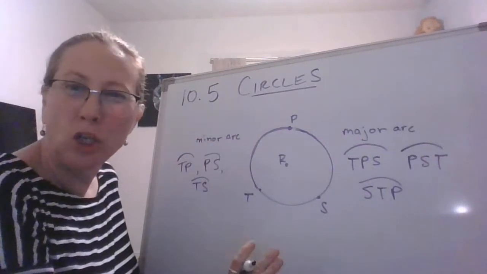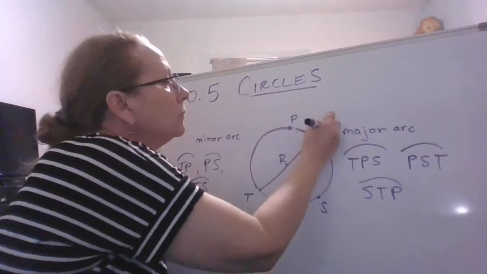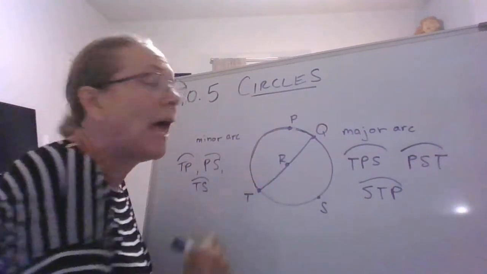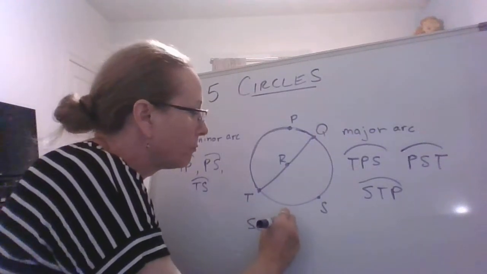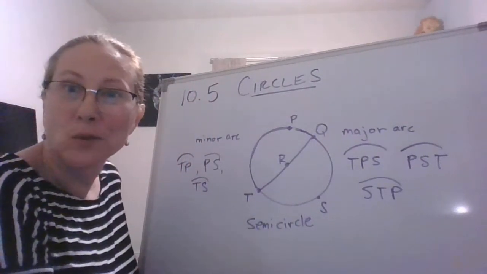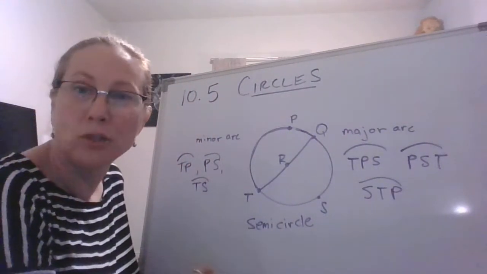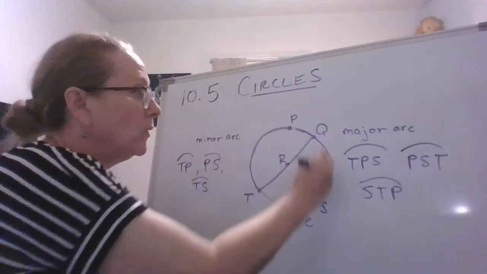Well, let me put a Q in here now. How would we know if we have a semicircle? We need half of a circle, exactly 180 degrees. So we have one on this side, we have one on this side.